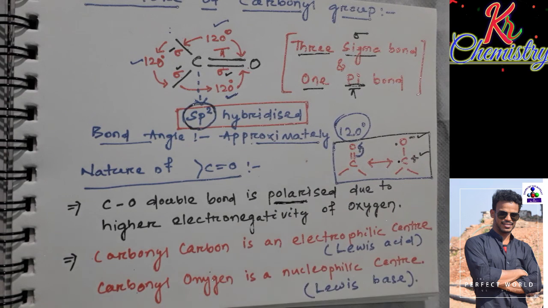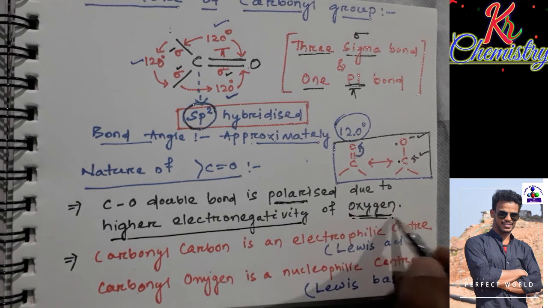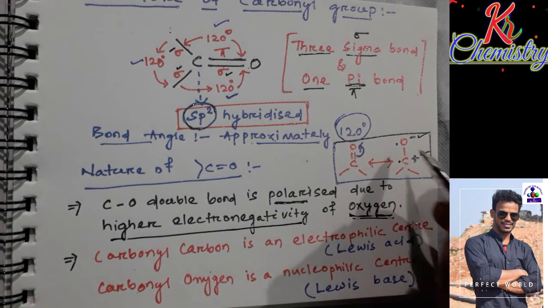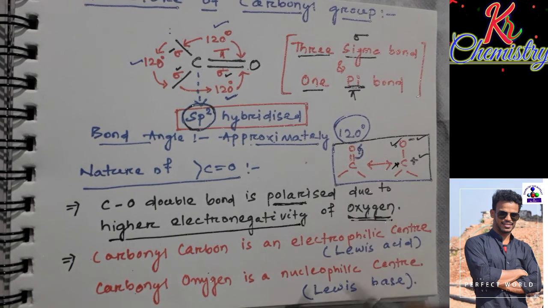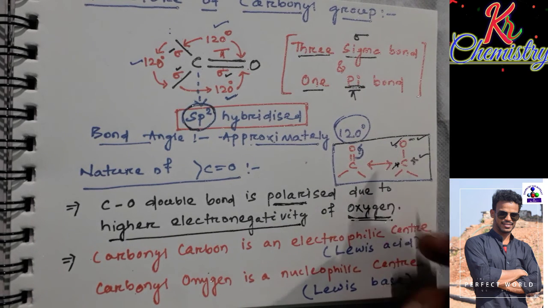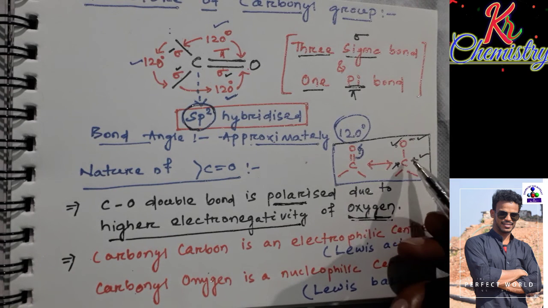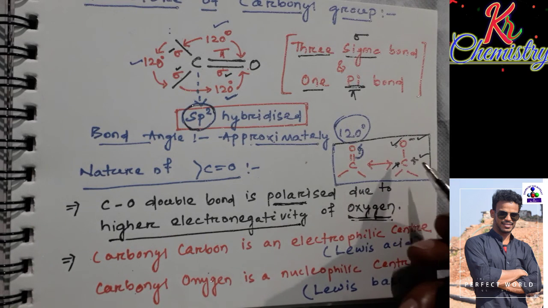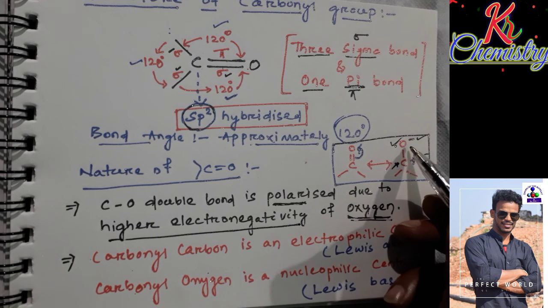This is polarized due to the higher electronegativity of the oxygen atom. As I told you, the oxygen atom is more electronegative than the carbon atom, so the carbon displaces its bond electrons towards the oxygen atom and forms a polar bond.